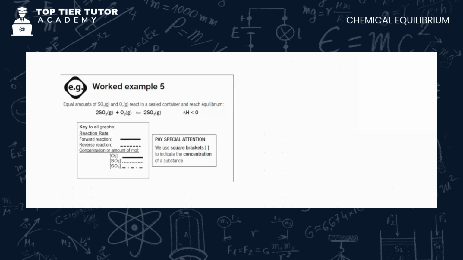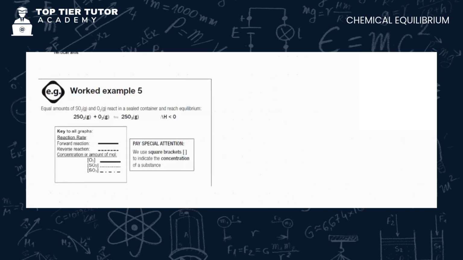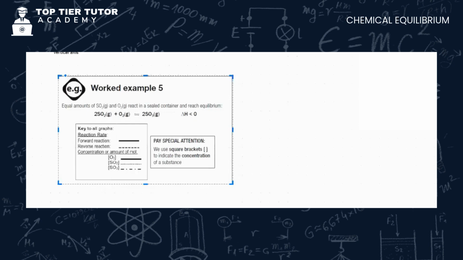First, we need to just look at our reactions and make an analysis of our reaction. We'll start with looking at the number of moles on the left-hand side compared to the moles on the right-hand side.